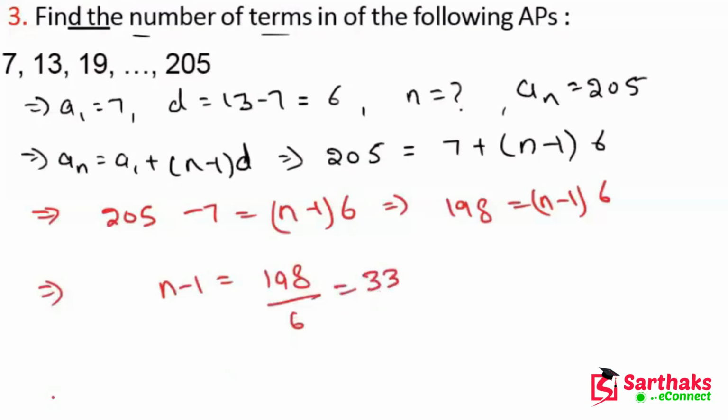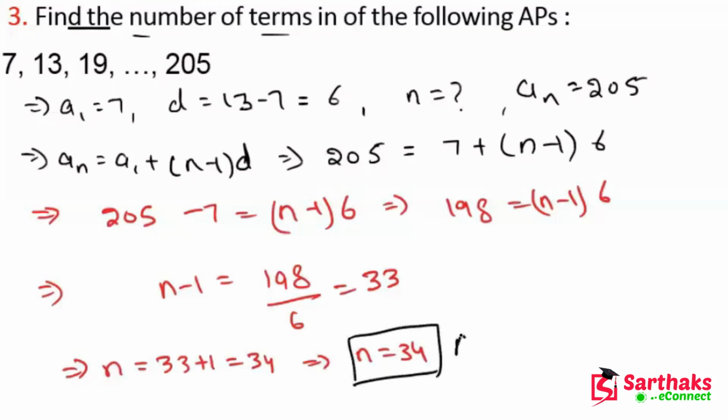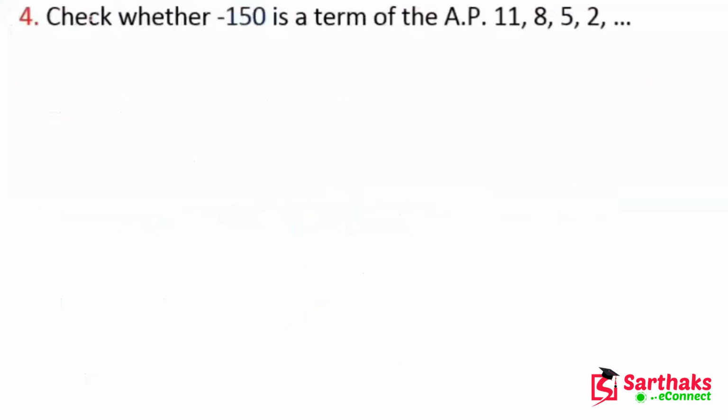So the number of terms is 33 plus 1, which is equal to 34. So n is 34. I hope you understand these things. So this is our answer. Okay, so now let's move on.